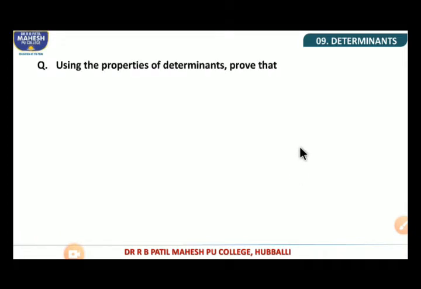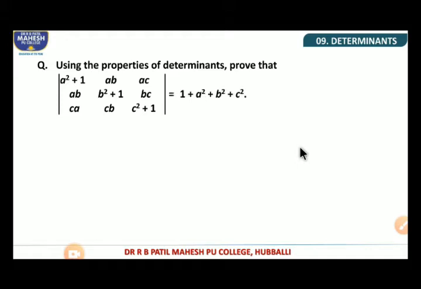Now we go for the next problem. Using the properties of determinants, prove that the determinant a square plus 1, ab, ac; ab, b square plus 1, bc; ca, cb, c square plus 1 is equal to 1 plus a square plus b square plus c square. So here I am going to take this LHS part as it is.